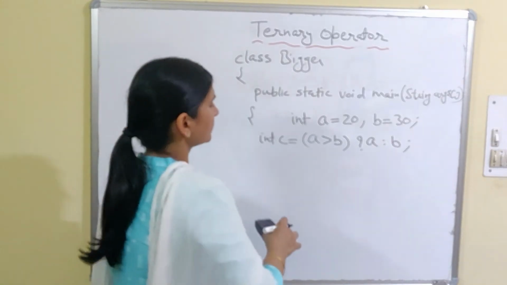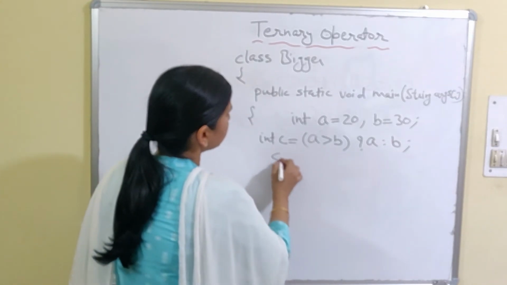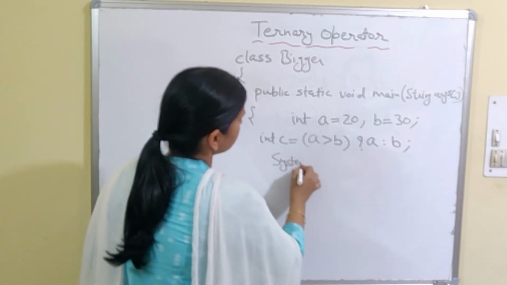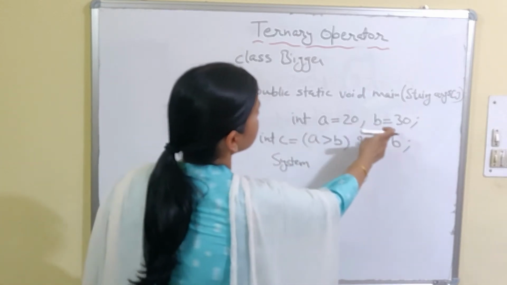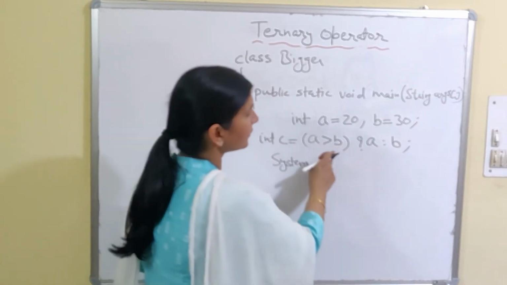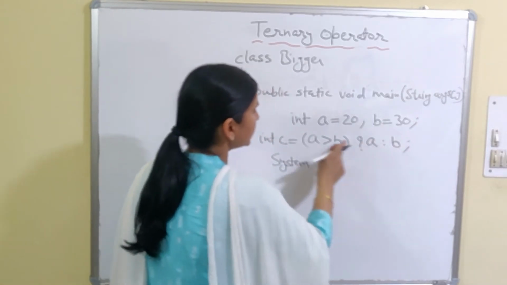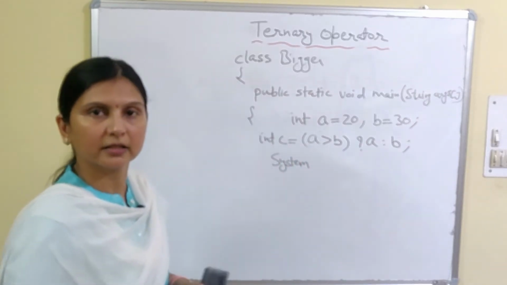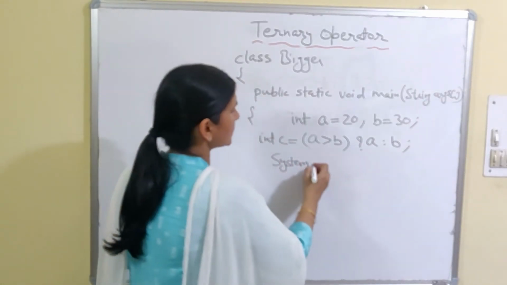Fine. Now when you print c, what will be the value? a is 20, b is 30. Now the condition will be false. If the condition is false, then b will be assigned into c. So b is the bigger one.